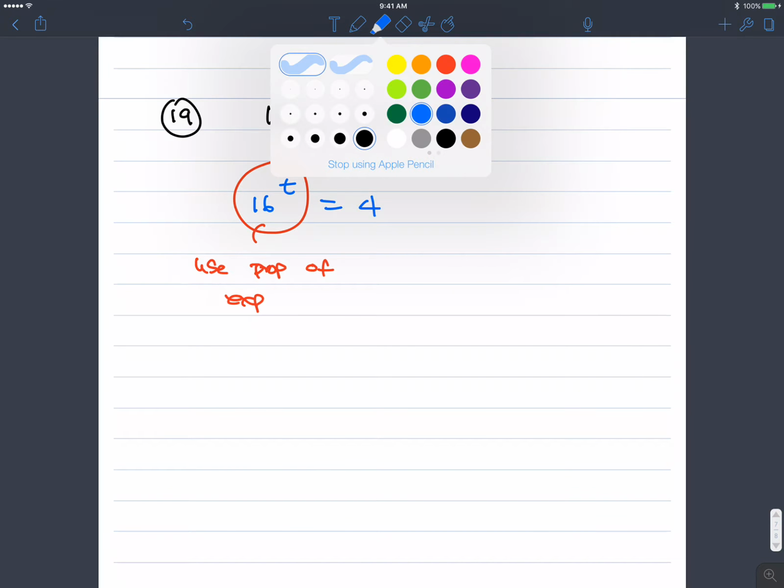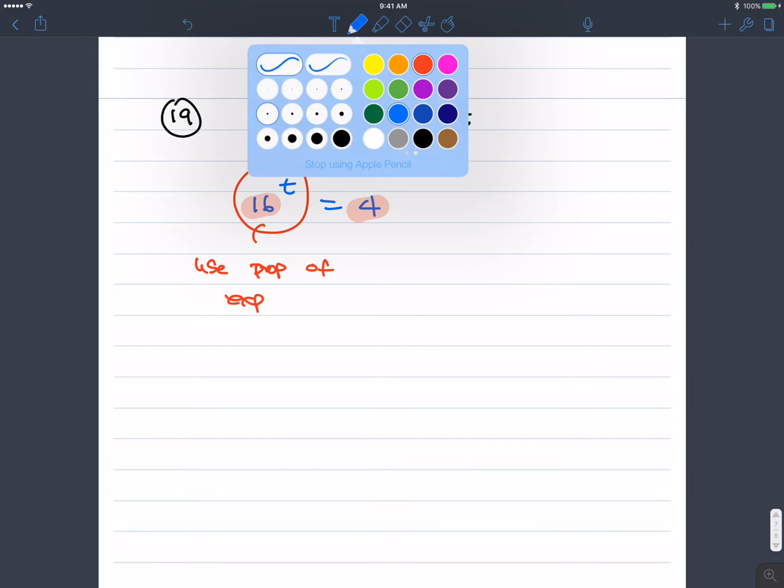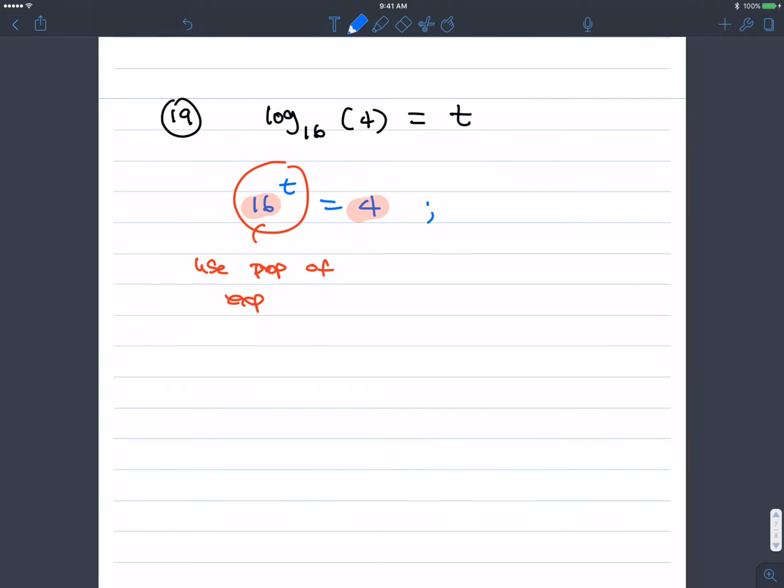And we want to, again, write this with the same base. So let me go back. We want our bases here. This is base 16 and this is base 4. We want those bases to be the same. So on the left side now, I'm going to use some properties. Notice that 16 can be described as 4 to the second power on that left. Don't forget the t power is really there. And that's still 4 to the first. So I wrote 16 as 4 squared.